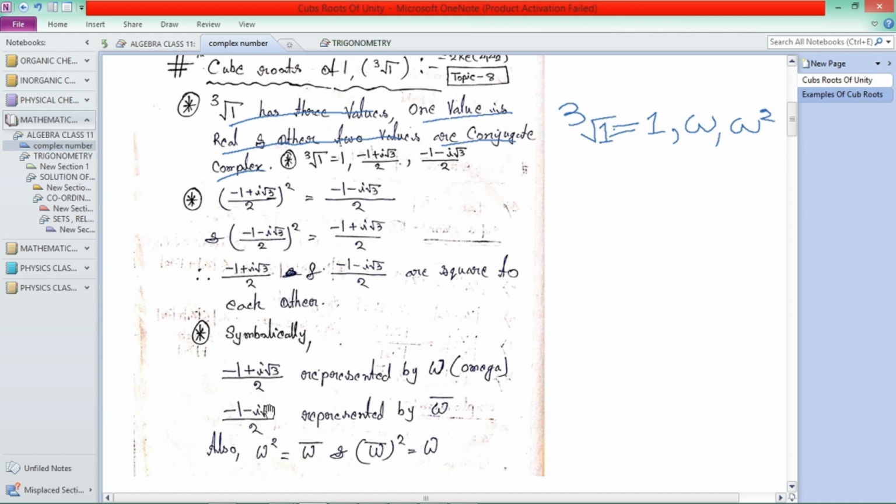Symbolically, minus 1 plus i root 3 by 2 is represented by omega, and minus 1 minus i root 3 by 2 is represented by omega bar, because these two are conjugate complex numbers of each other. This omega bar is basically the square of omega, and the square of omega bar equals omega, because these two are squares of each other.